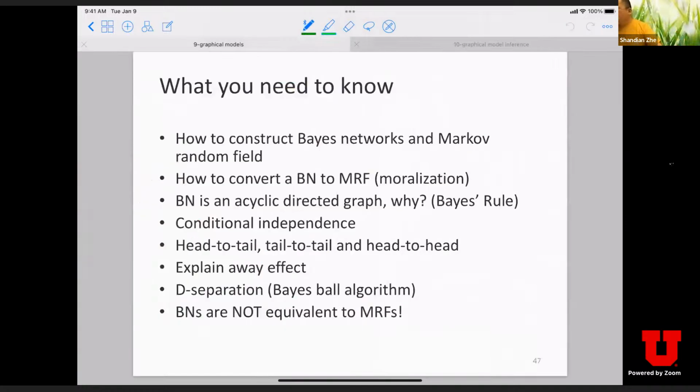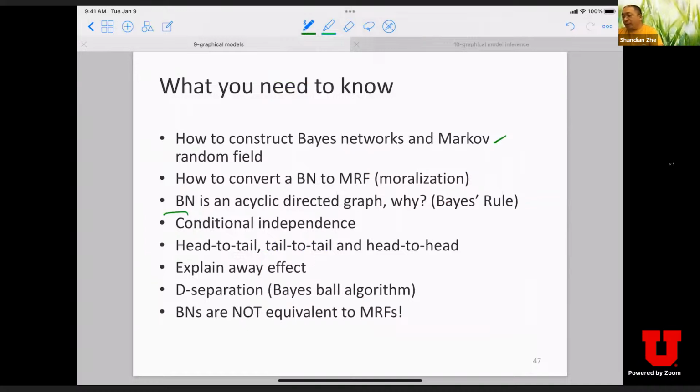Okay, so we have finished the introduction of the basic definition of the graphical model. We would like you to know how to construct Bayesian networks and Markov random fields, and how to convert a Bayesian network to a Markov random field: moralization, removing the directionality. And be careful, a Bayesian network must be a directed acyclic graph.